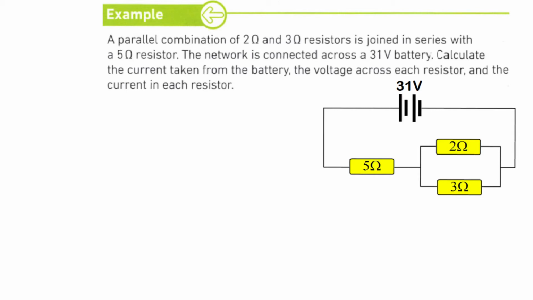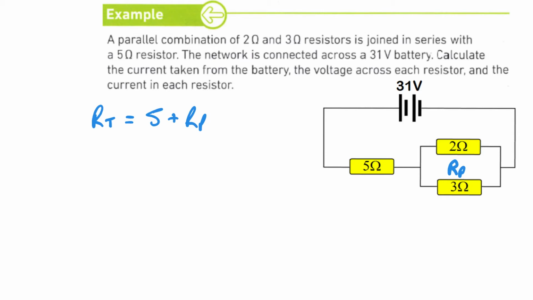Your first task would be to find the total resistance of this circuit. So see if you can do that. Pause the video and have a wee go at that. So if we call this wee parallel bit RP, then we can say that the total resistance will equal the sum of 5 plus RP, because the 2 bits are in series with each other.